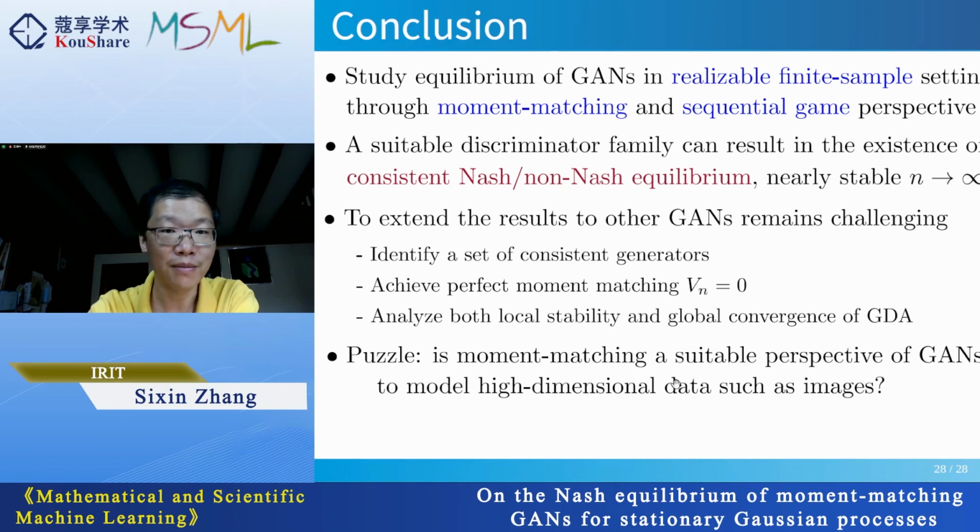Is moment matching a natural perspective to model high-dimensional data such as images? I think the results we found on MNIST are interesting to think forward about, because they show some moment matching effect: the Gaussian GAN has found a pretty stable solution from this perspective, but it is not a stable solution from the Gaussian GAN perspective.